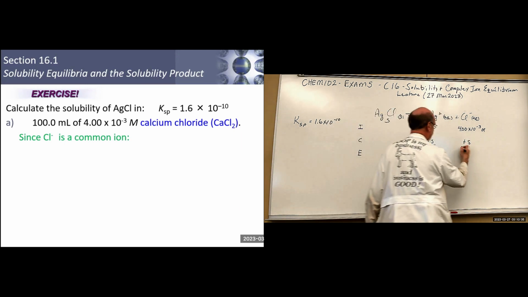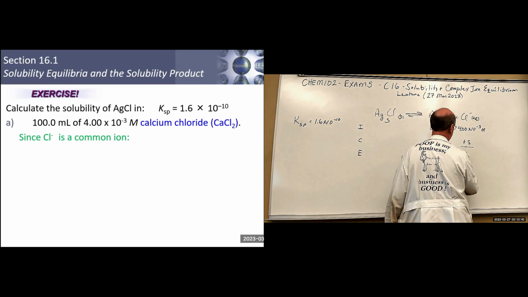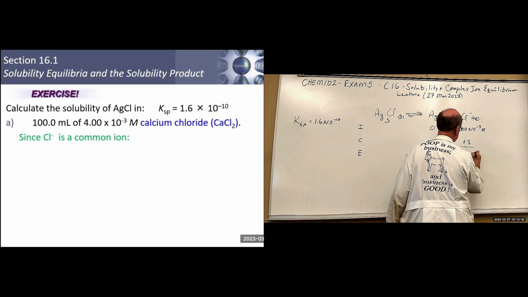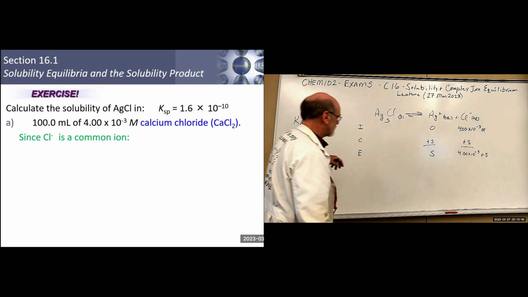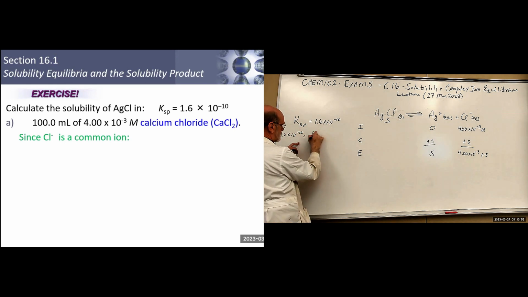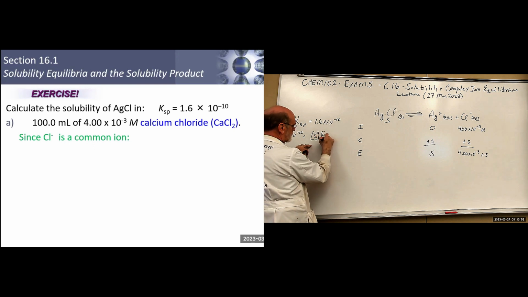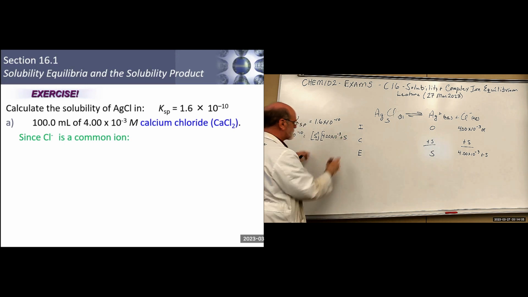So now we have this one, and we have 4 times 10 to the minus 3 plus S. So then if we set up our equilibrium expression, 1.6 times 10 to the minus 10 equals S, and then this one is 4.00 times 10 to the minus 3 plus S.